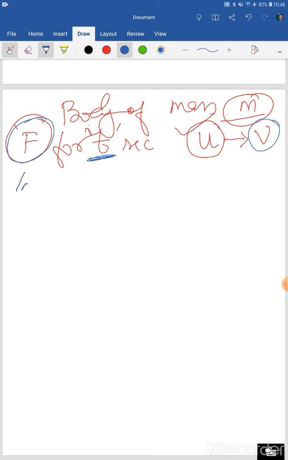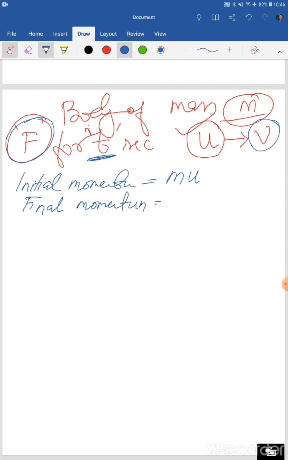Initially, the initial momentum was mass into initial velocity, that is mu. Now the velocity has changed because I've applied some force here. So the final momentum is going to be mass into the changed velocity, that is mv. So there is a change in velocity now.